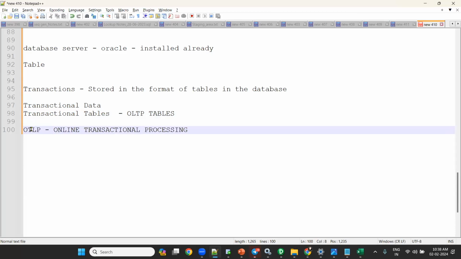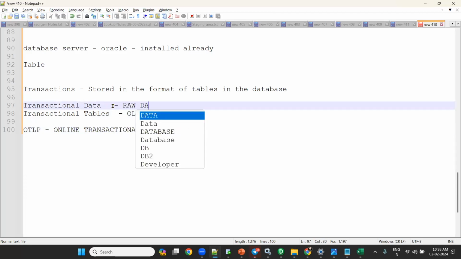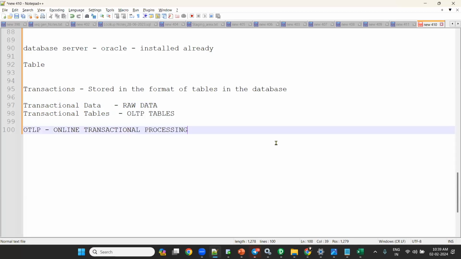What is OLTP? Online transactional processing. OLTP contains transactional data, also called raw data. This is just data entered by the cashiers or clerks.